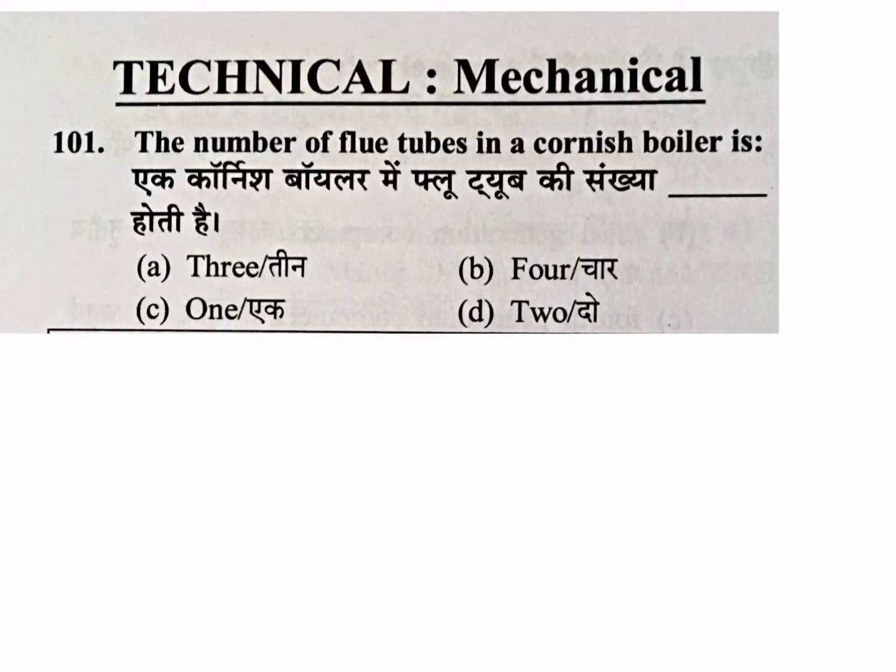Question 101. The number of flue tubes in a Cornish boiler is dash. Cornish boiler, we know it's an example, also they may ask. It's a fire tube boiler, low pressure boiler, natural circulated boiler or natural circulation.